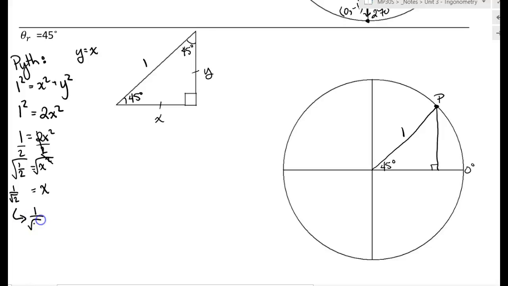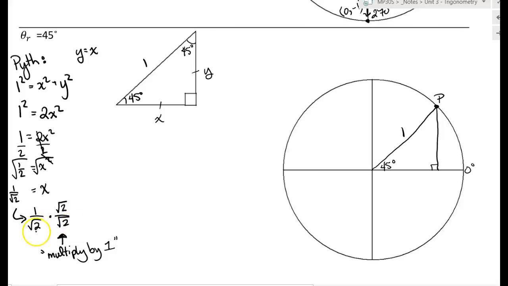Now another way that you can think about it is if we get rid of the radical in the denominator. How we do that is we multiply by 1. We can call it this because anything divided by itself is 1.